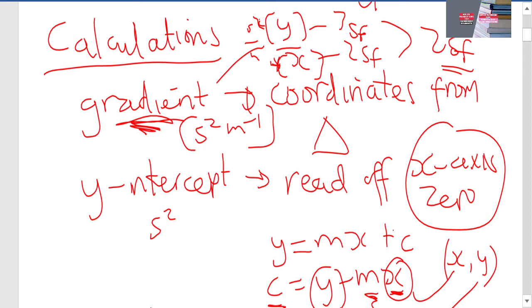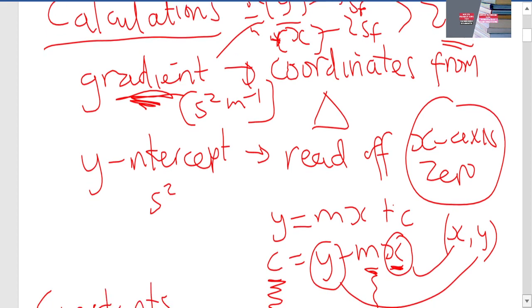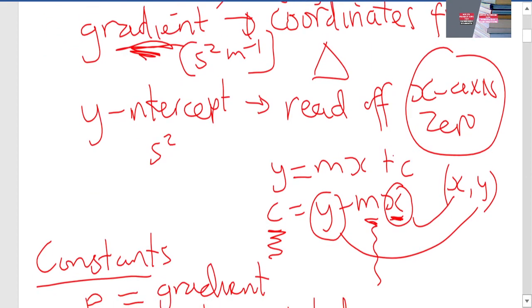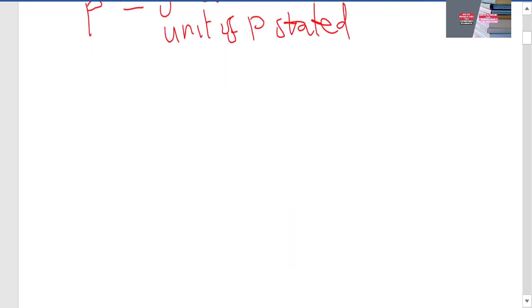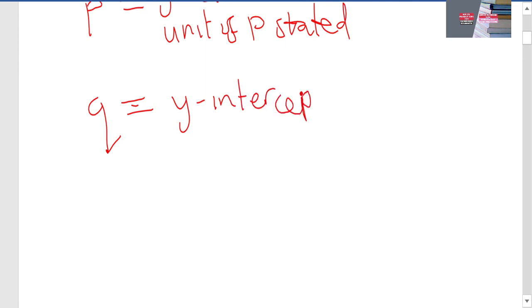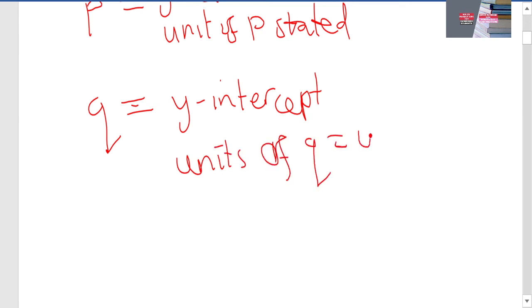Now which means that the second constant that you would want to find, after p, which should be q. So q would be equal to the y-intercept in most cases, and the units of q must equal units of intercept.